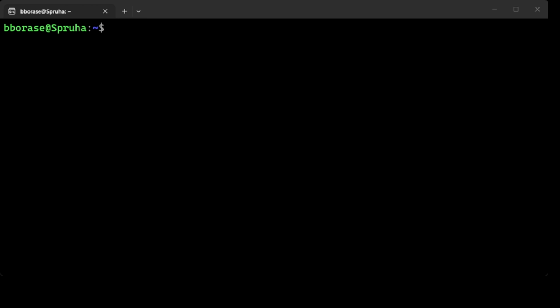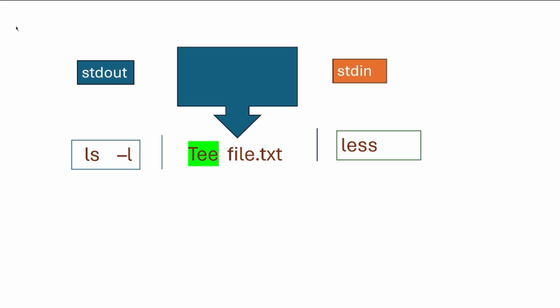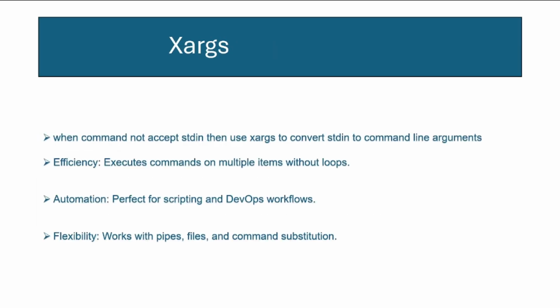The last one is xargs. The xargs command is also a very useful command. What is the main difference between xargs and tee? You understand that tee provides a pipe between two commands, but along with that it can store the streaming data in a particular file, so we have a footprint of the particular output.